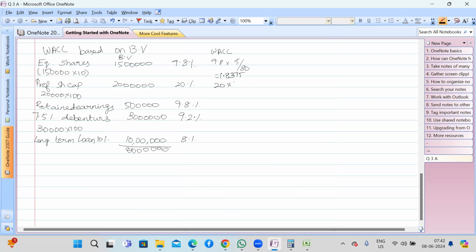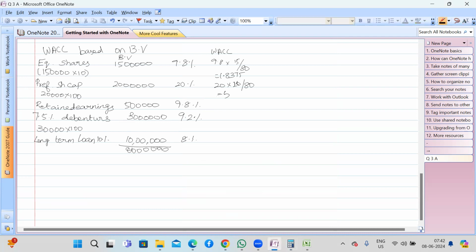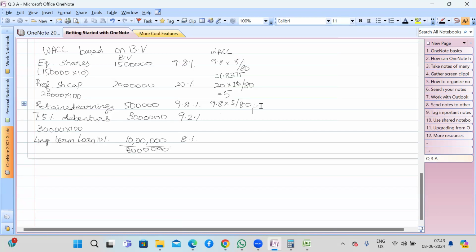Again, here 20 into 20 lakhs divided by 80, so I will be getting 5. Here 9.8 into 5 divided by 80, so 0.6125.